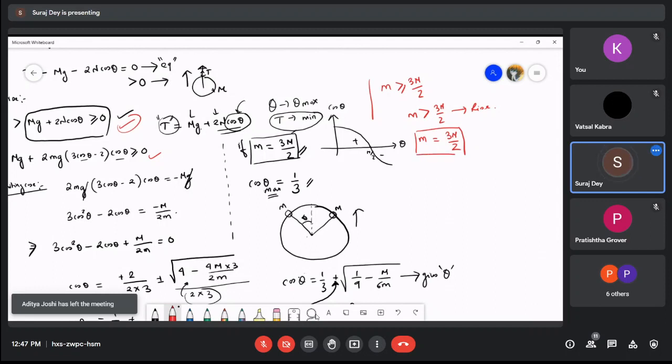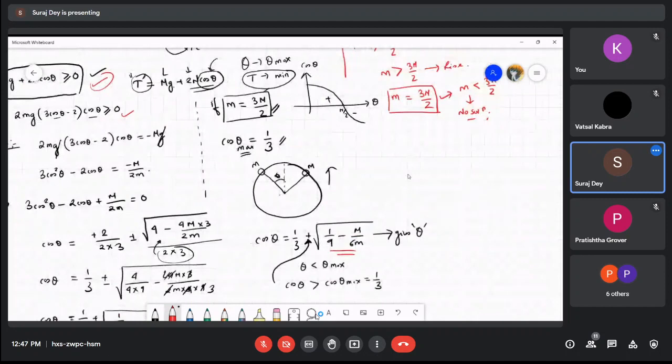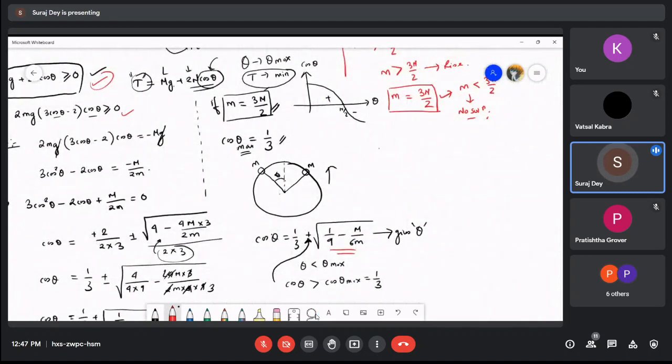That's when the ring can rise, and if mass is less than 3m by 2, then there is no solution, and so the ring will not rise at all. There's no solution because the square root will become negative. So the absolute limiting case is when you have this to be true, and when this is true, the square root vanishes, and this gives you that cos theta is 1 by 3.